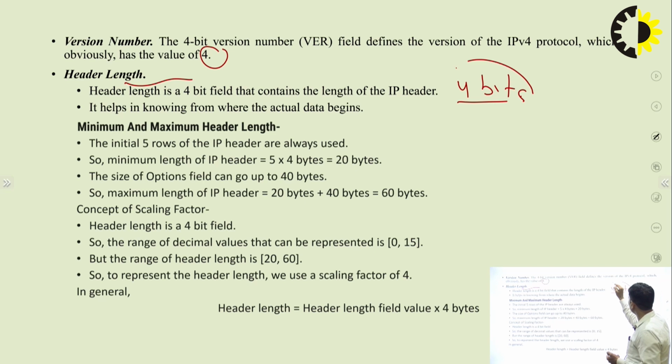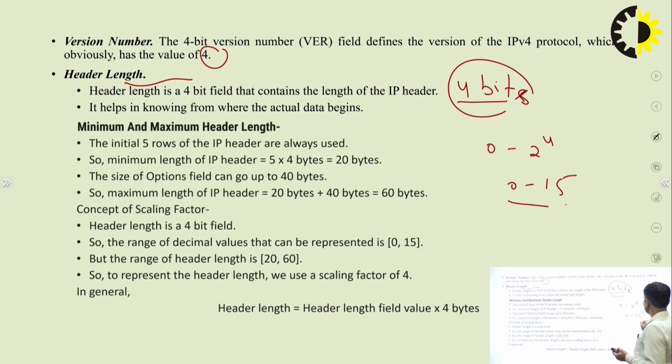If this is of 4 bits, what will be the total length? Certainly it may be 0 to 2 power 4, means 0 to 15. So only about 16 can be represented by the 4 bits.